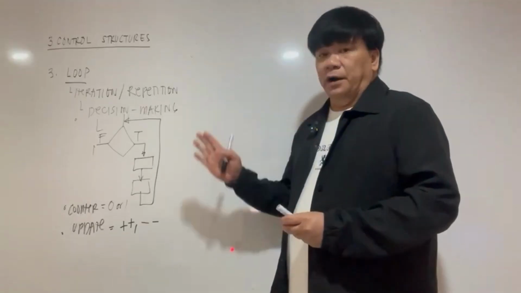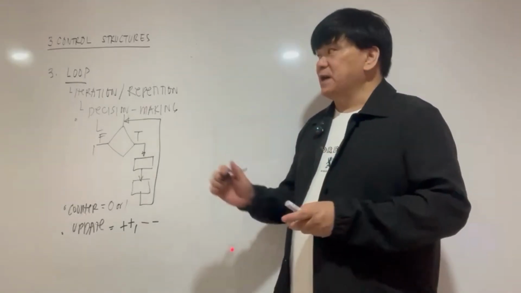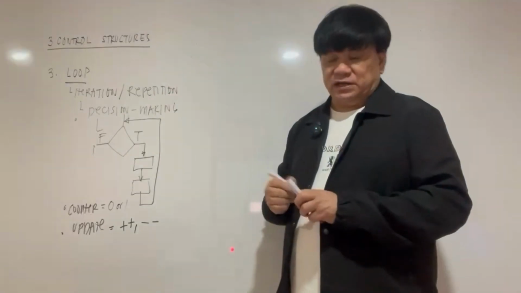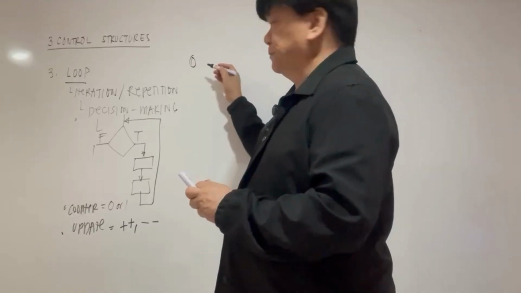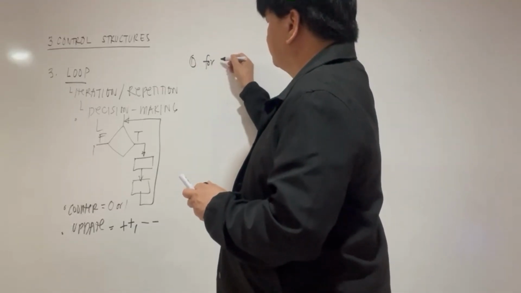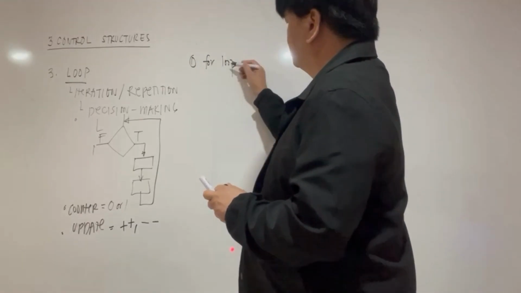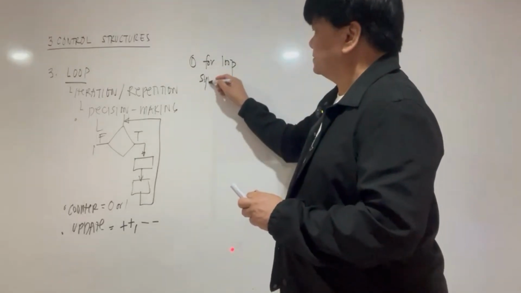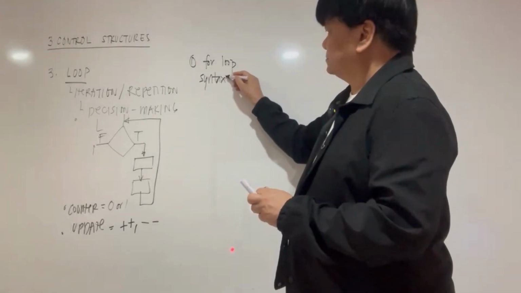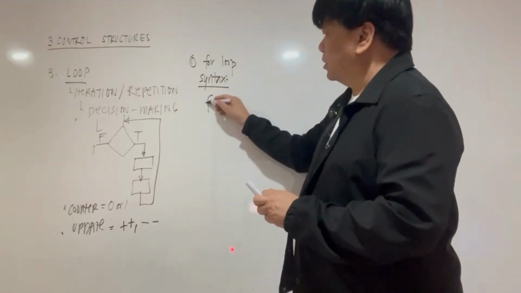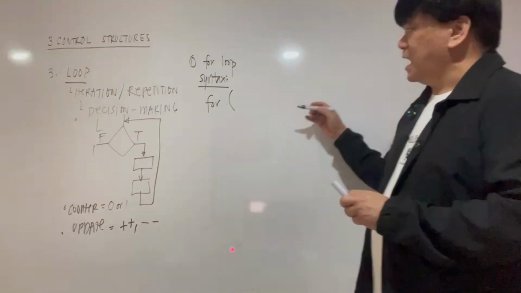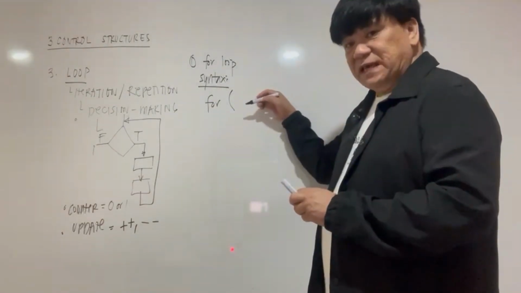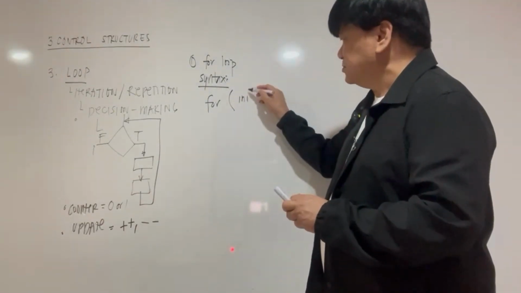And what are the programming statements under the loop control structure? Number 1 is the for loop. Syntax: for, then inside the parentheses, you have the first segment, initialization.